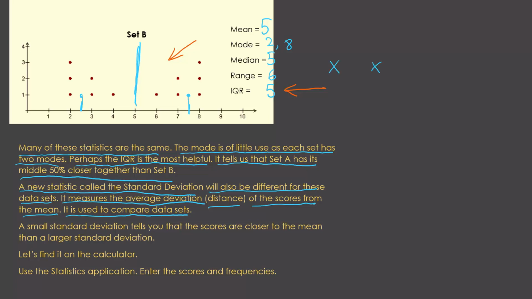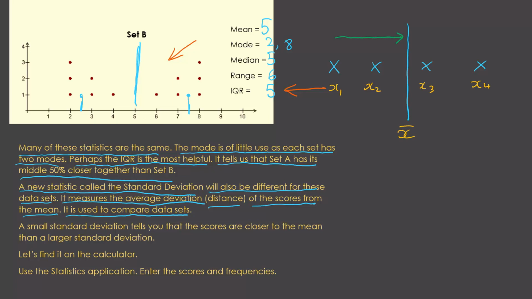Let's suppose we had 4 pieces of data. The mean would be in the middle here somewhere. Let's call these x1, x2, x3, x4, and in the usual way we'll call the mean x bar.